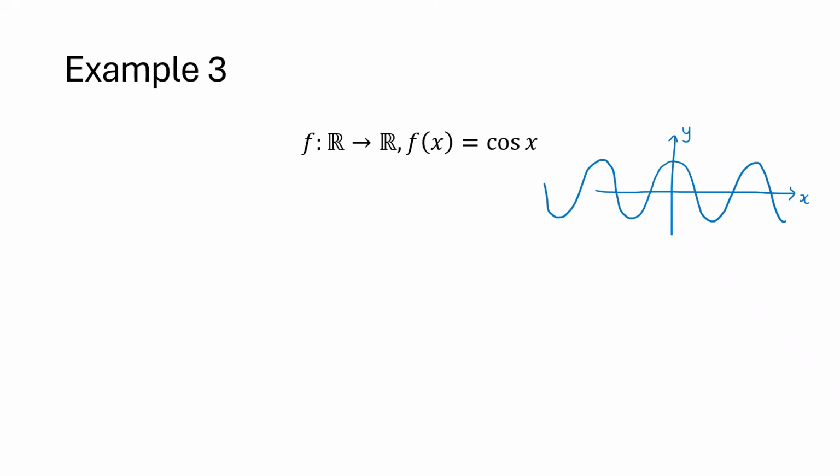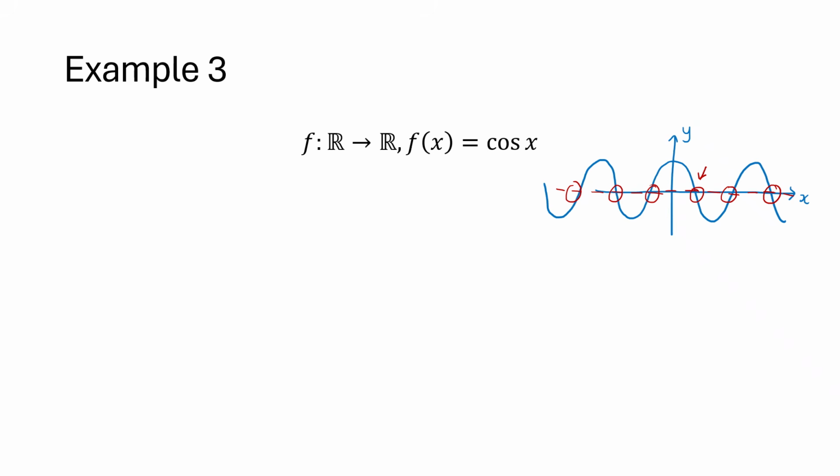Again, if we take y is equal to 0, if we draw a horizontal line through here, just to show you how many counterexamples we will get, every single pi radians we will get a counterexample. So here we can just focus on the very first two that we encounter.